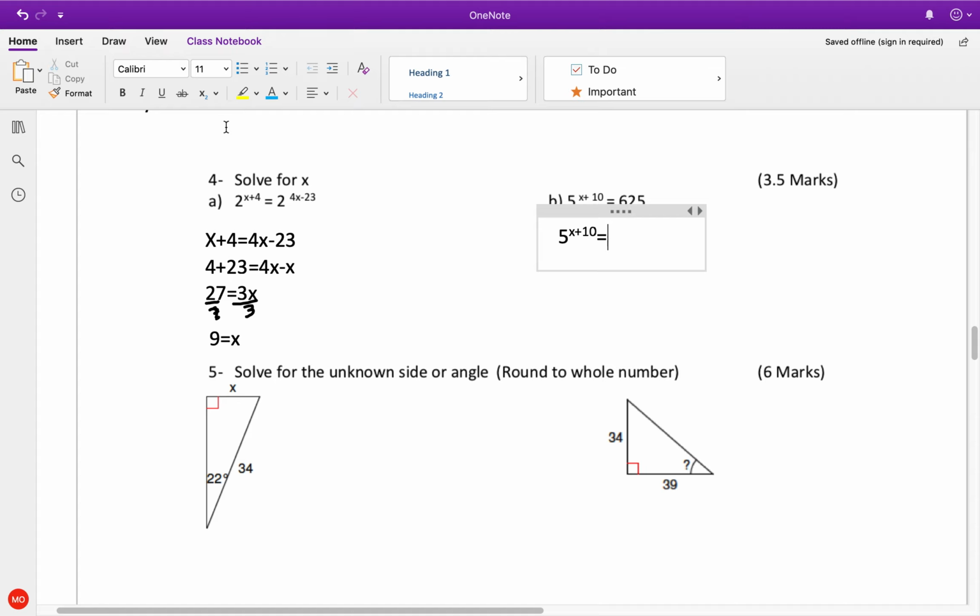Then when you just figure out 5 to the power of 4, you just go through your calculators trying different numbers. So now, once again, we have similar bases, so we can just drop them. So we have x plus 10 equals 4. Rearrange, x equals 4 minus 10, x equals negative 6. Almost made it there.